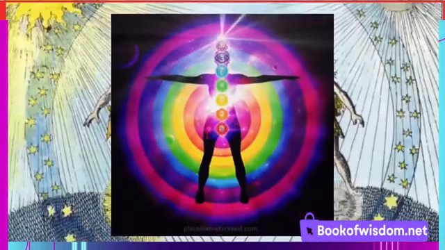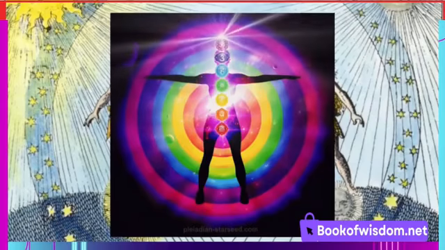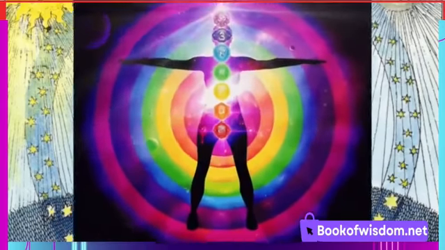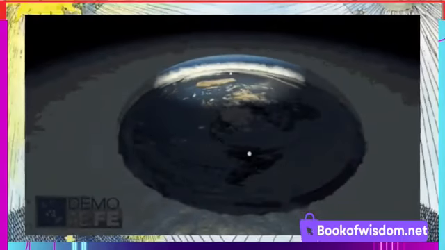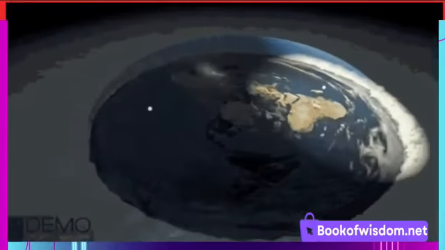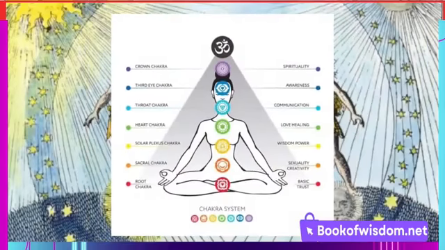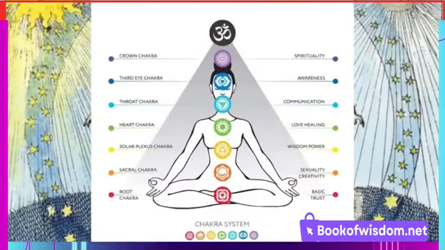Our earthly realm is a macrocosmic reflection of us, and we as humans are the micro reflection, with the earth containing its 7 chakras as well as us. The North Pole is the 7th chakra, which is the crown chakra.